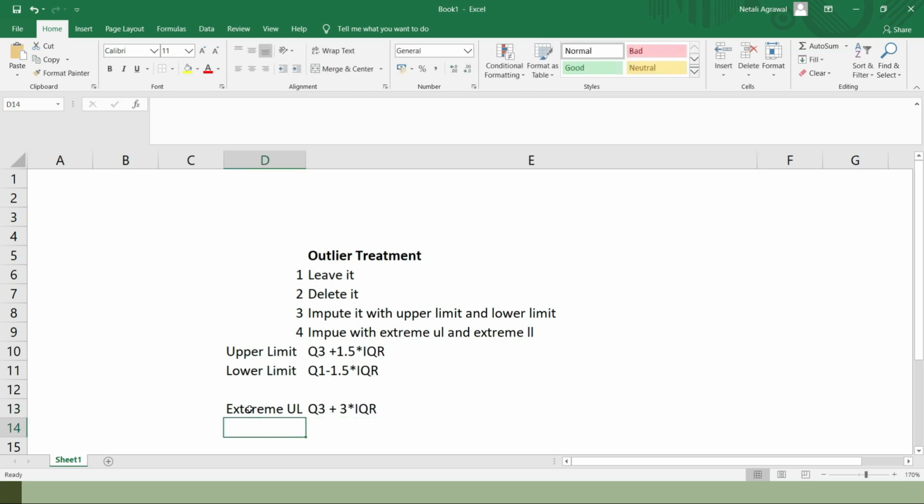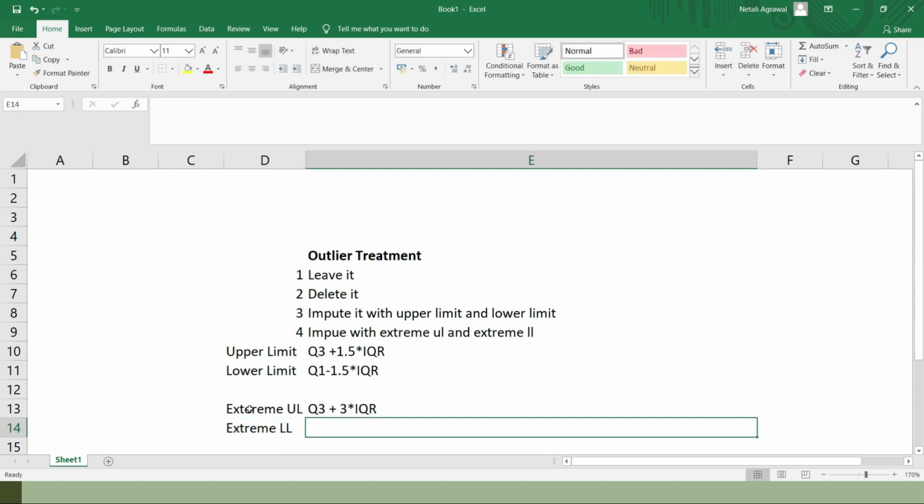And same thing goes with extreme lower limit: Q1 minus 3 times of IQR. So this is what you can do in such cases where you see there are major outliers, but still you can handle them. You can impute the value. You should go with extreme upper limit and extreme lower limit calculation.